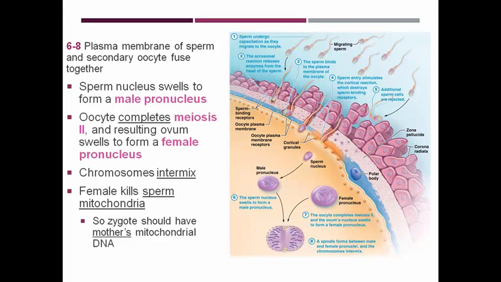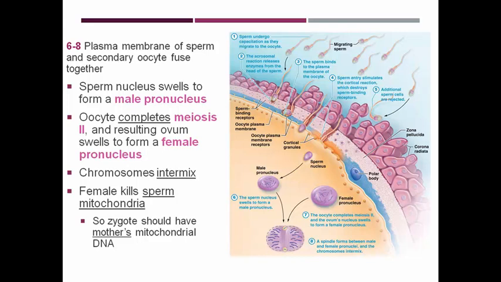Step 6 through 8 is where the plasma membrane of the sperm and the secondary oocyte begin to interact together. So notice the nucleus of the sperm begins to swell, and now it's known as a male pronucleus. The oocyte now, once the entry of the sperm has come into the ovum or the egg, completes meiosis II, and the ovum begins to swell, and now you have the female's pronucleus.